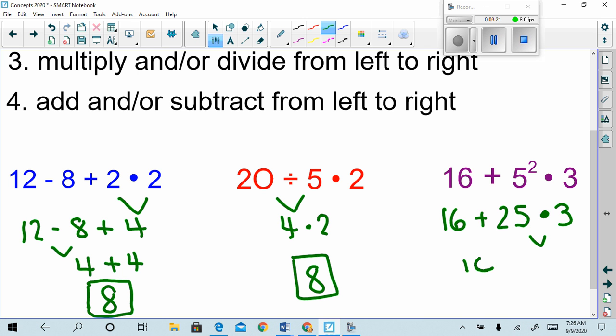I'll now have 16 plus 75. 25 times 3. Last step tells me I should add, and I'm going to get 91. How did you do? Hopefully you got these right. If not, we can discuss them in our next in-person class.